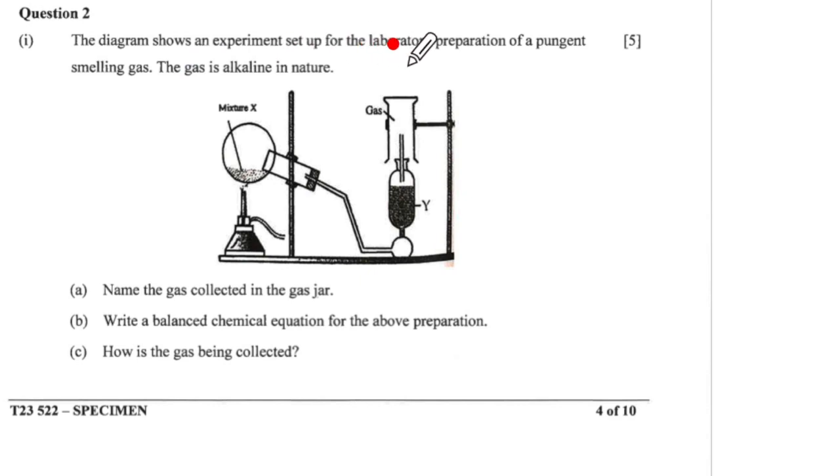The diagram shows the experiment setup for the laboratory preparation of a pungent smelling gas. The pungent smelling gas is going to be ammonia, and the gas is alkaline in nature, so that confirms that it is ammonia. Name the gas, it's going to be ammonia. Write the balanced chemical equation for the above preparation.